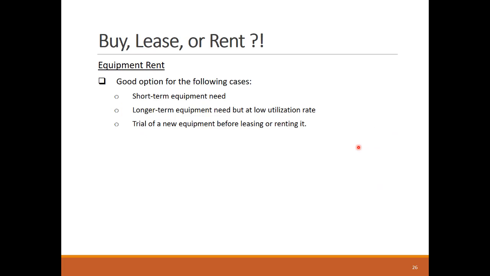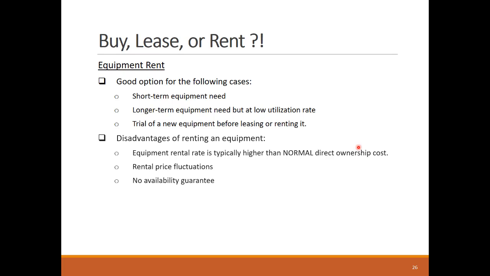Renting an equipment is a better option for the cases of short-term need, low utilization, or trials of an equipment. The key factor here is the expected few operation hours that don't justify buying or leasing an equipment. However, renting an equipment is more pricey than the other two options of buying or leasing.